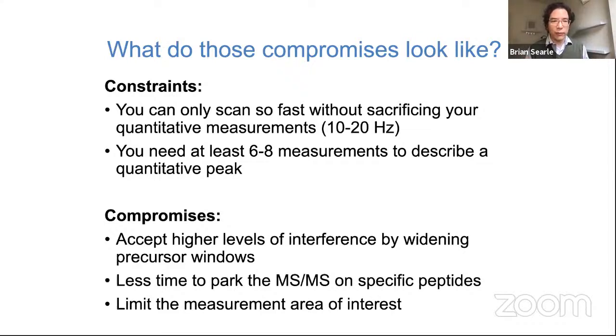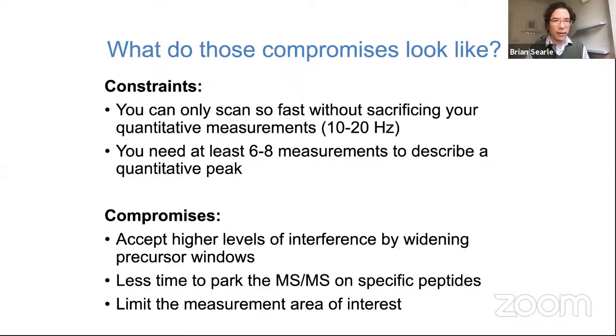We can't just sit and acquire on that mass spectrum for half a second or something like that to get the best signal. We actually have to run through these scans relatively quickly, as I said, on the order of 10 hertz to 20 hertz to 100 hertz, in that kind of range. So the other aspect is that we kind of need to limit what we can measure.